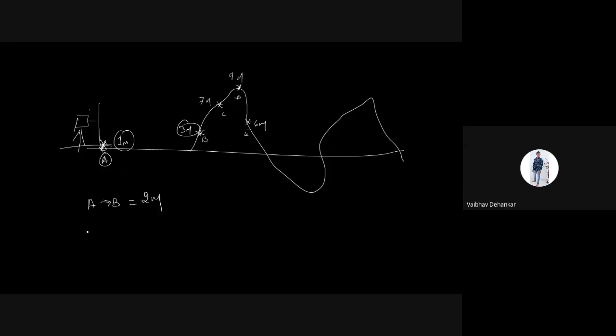Correct? 2 meter. Okay. What is the height difference between B and C? 4 meter. It is 7 minus 3, which equals 4 meter. Correct? Now, what is the height difference between C and D? 2 meter.